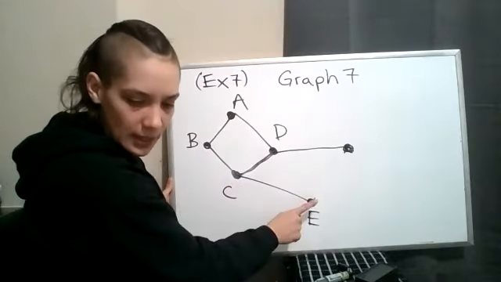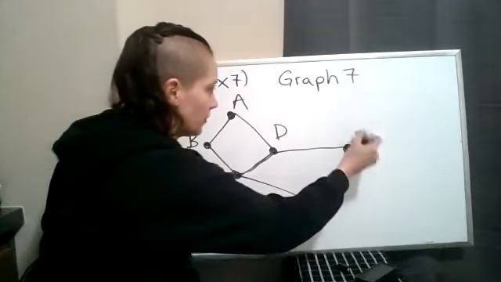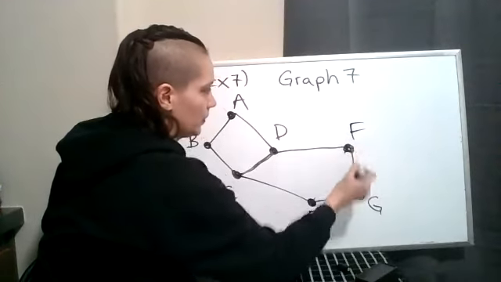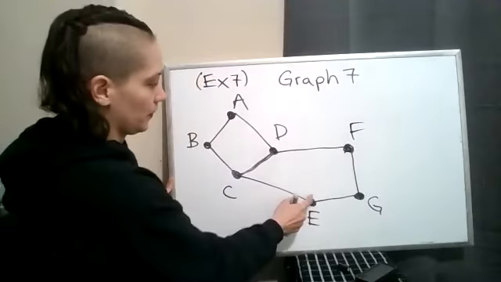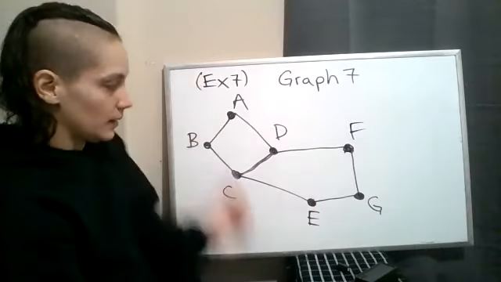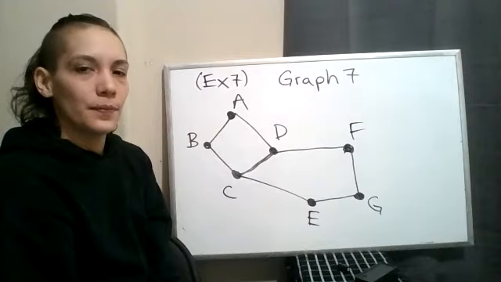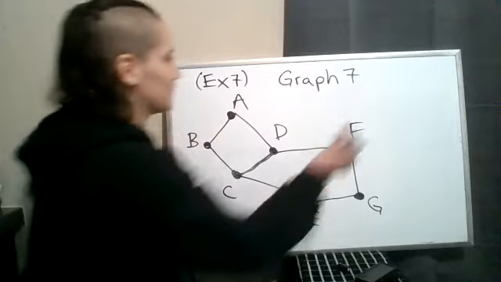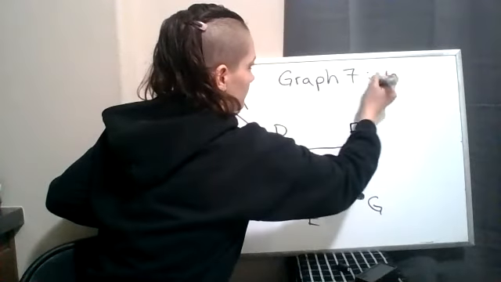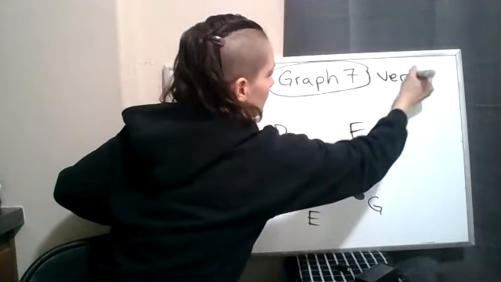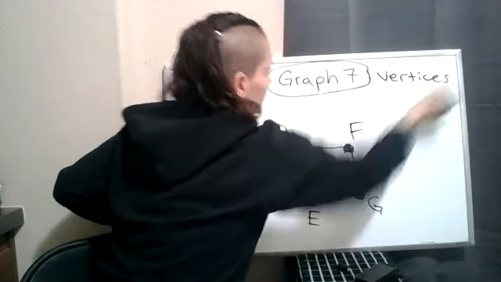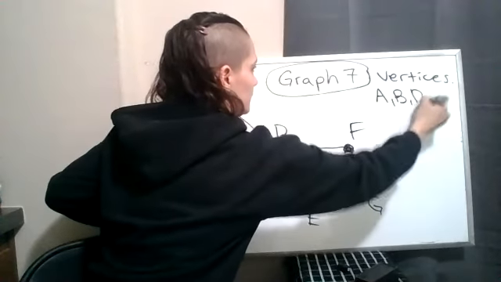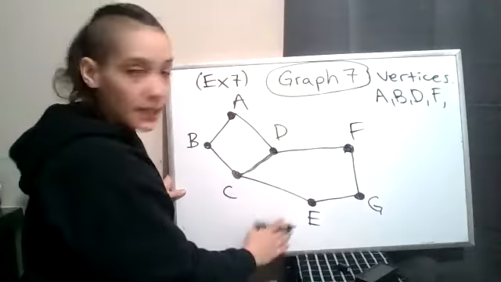We're going to go C to E to G, and then over here, which is going to be F. Right. The vertices are the dots, which are A, B, D, F, C, E, G.